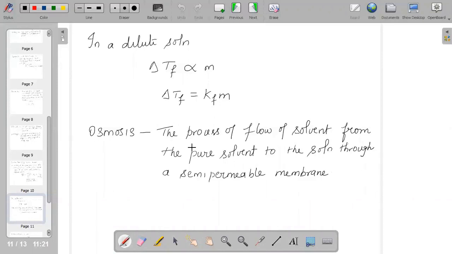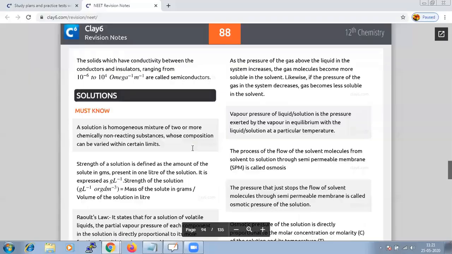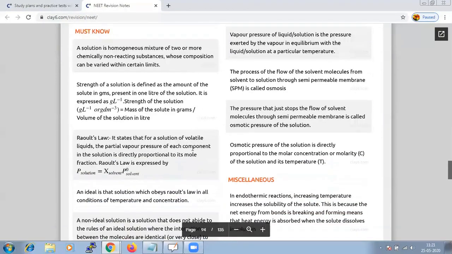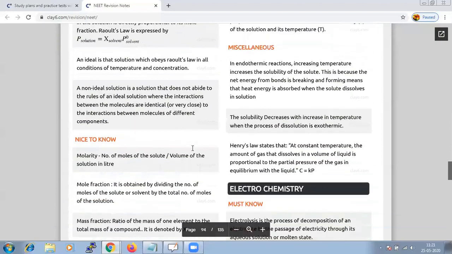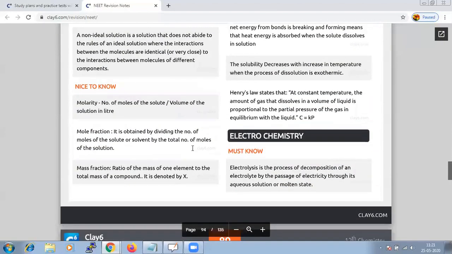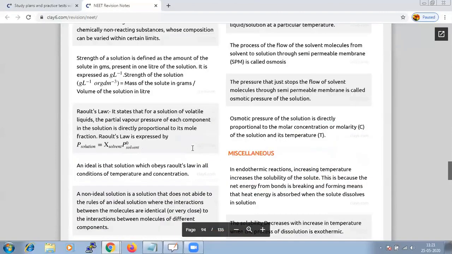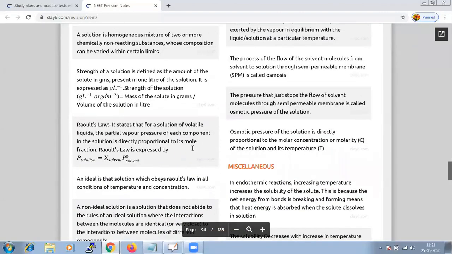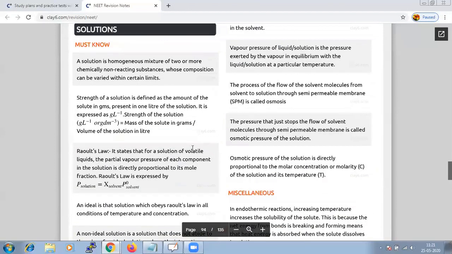The next important factor we should know is osmosis. What is osmosis? We have to discuss that the osmotic pressure of the solution is going to be directly proportional to the molar concentration or molarity of the solution and its temperature.